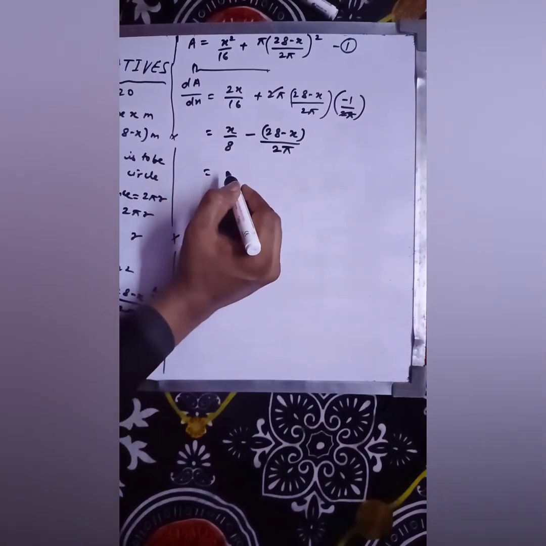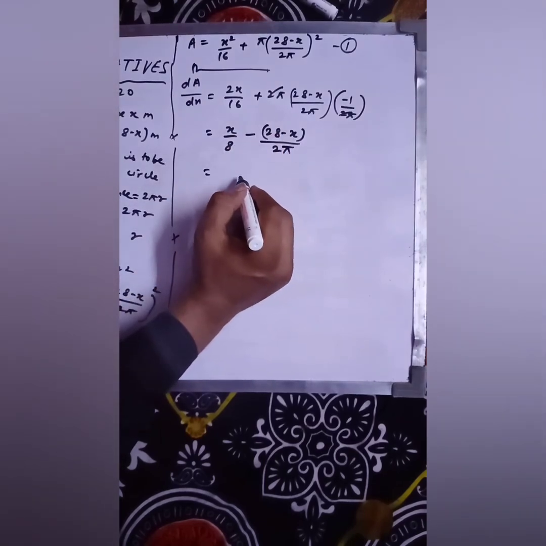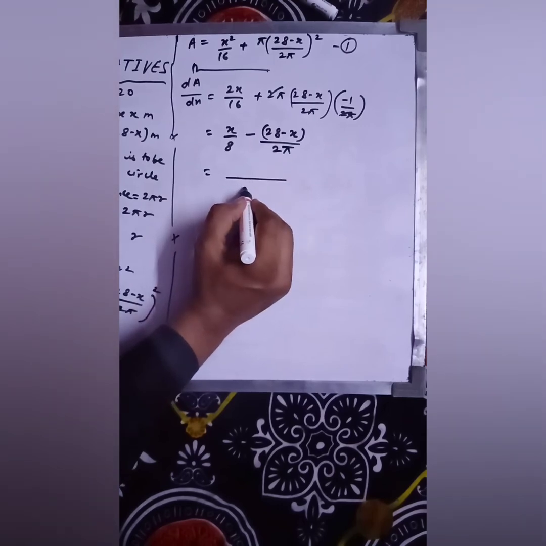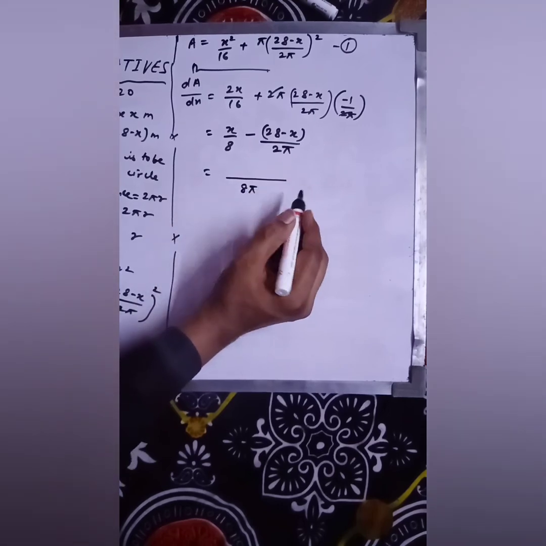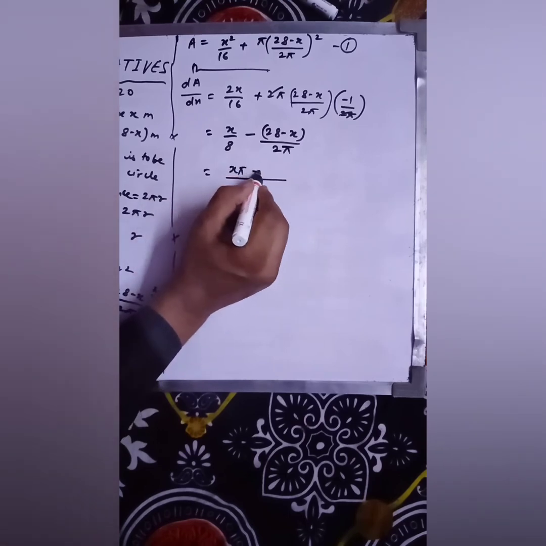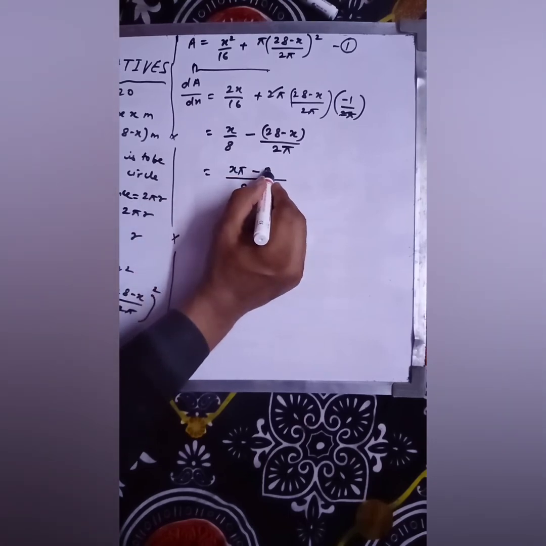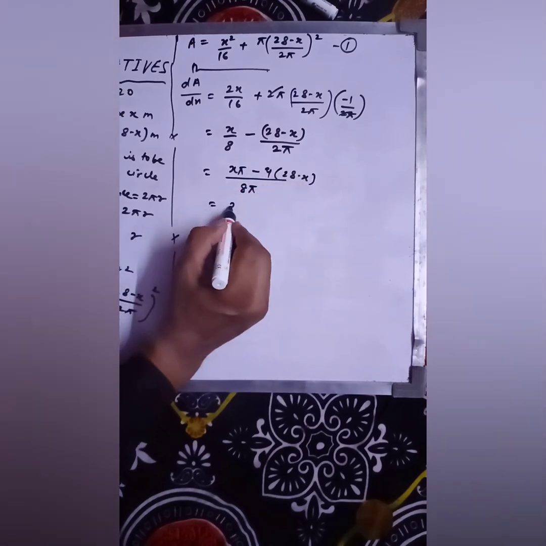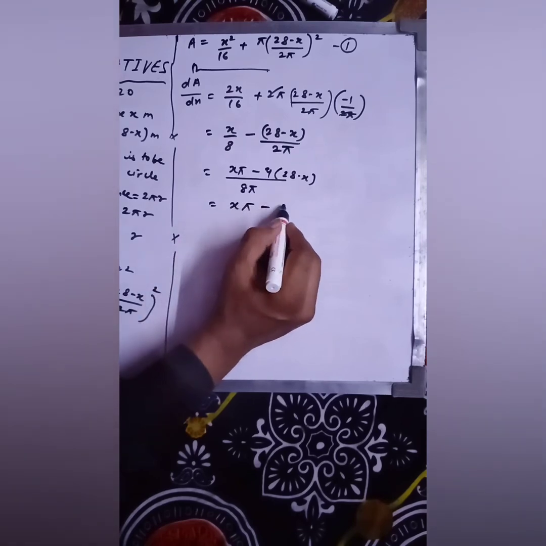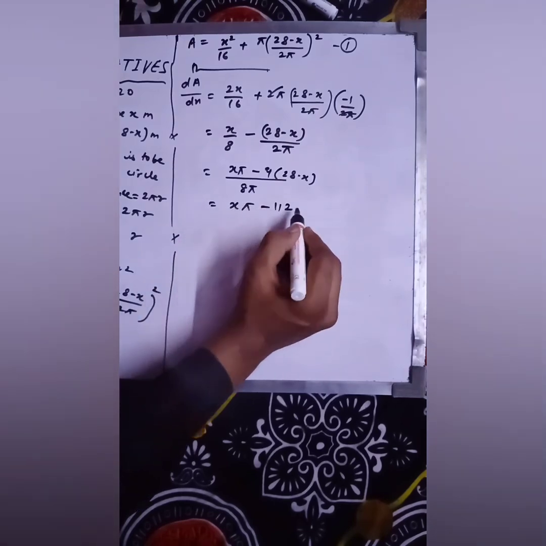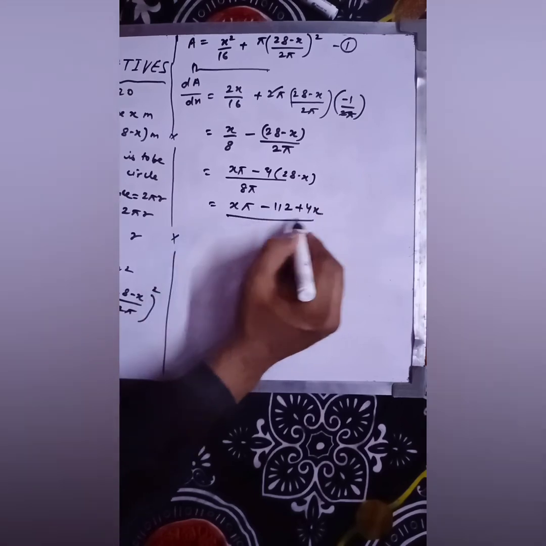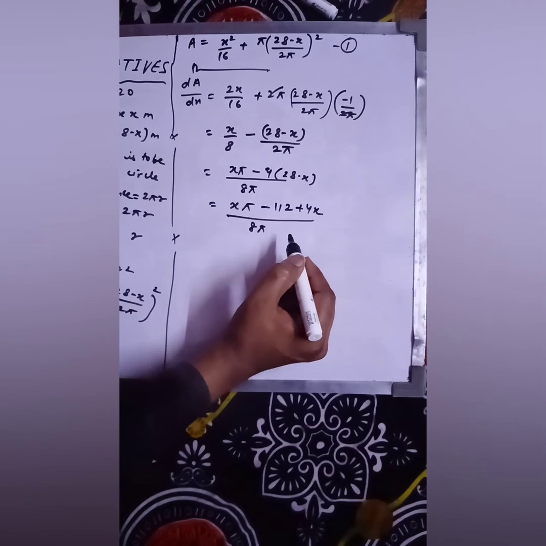Now we have to take the LCM here. Your LCM would be 8 pi. Here you have to multiply this by 4, so we get 28 minus x pi minus this one plus 4x over 8 pi.